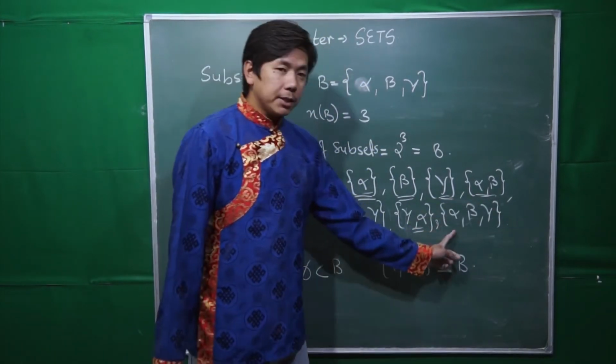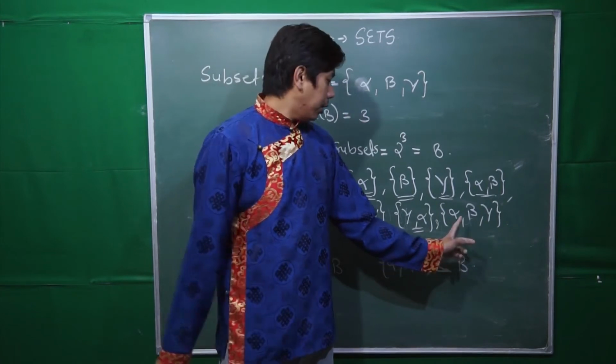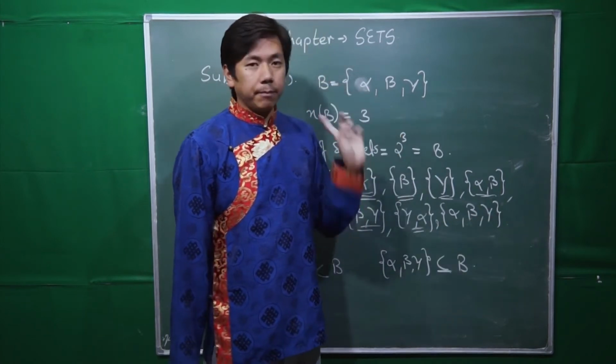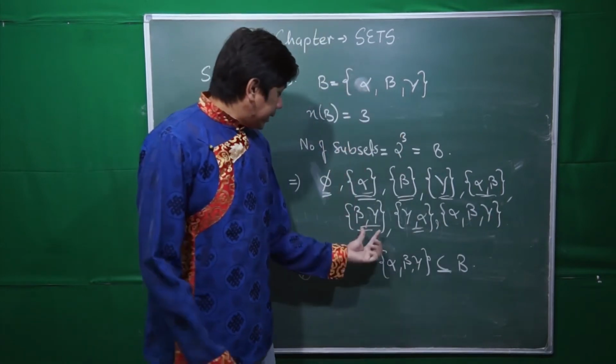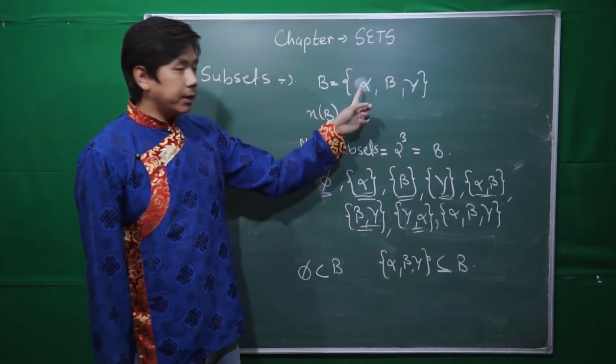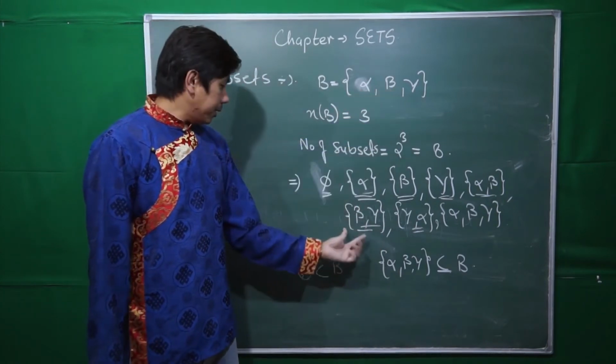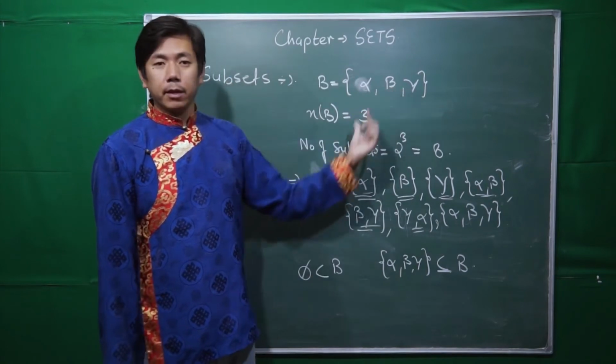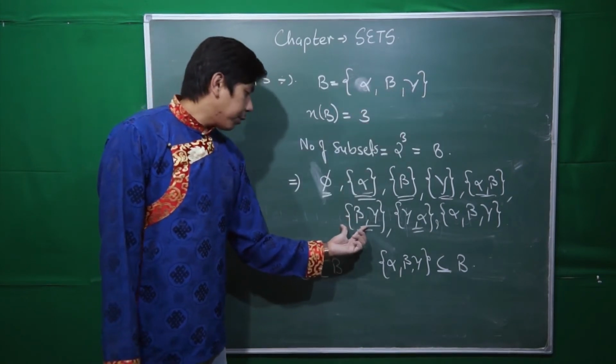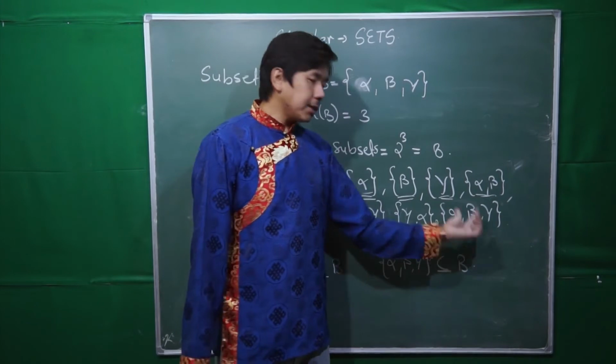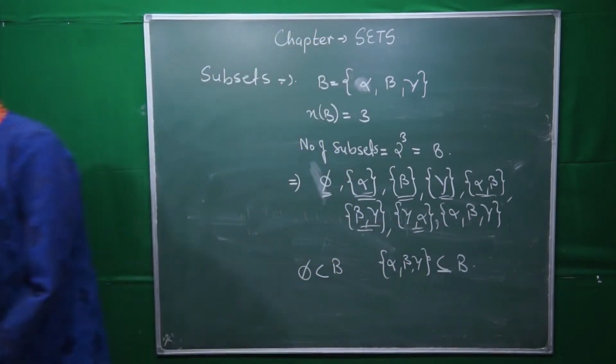However, this one is an improper subset, the reason being all the elements are the same. In this case, there is no alpha, and there's alpha over here. So this is a proper subset. However, this is an improper subset. Okay. Simple.